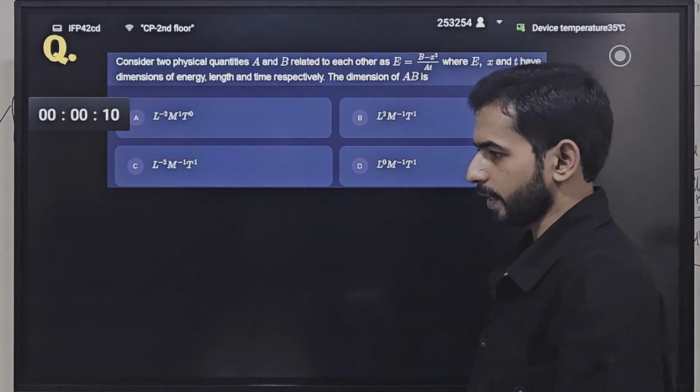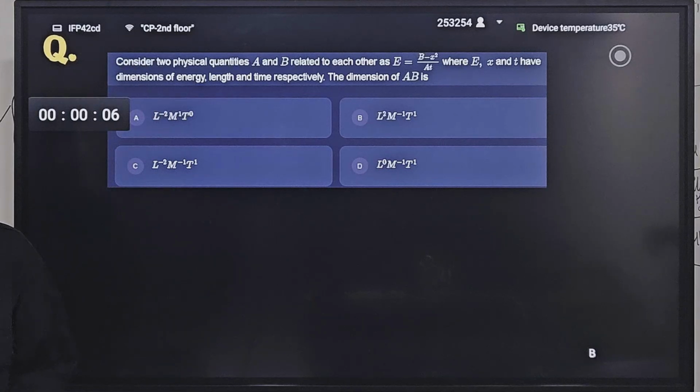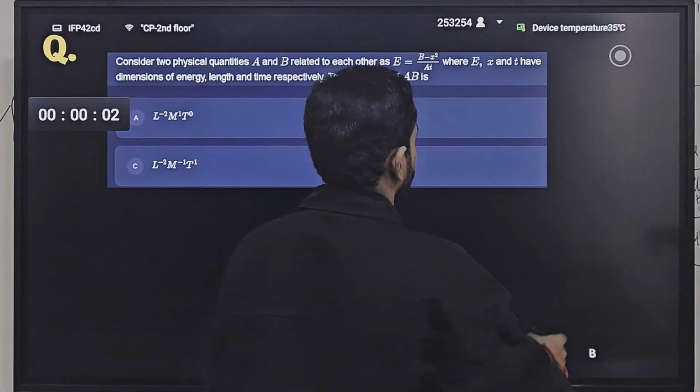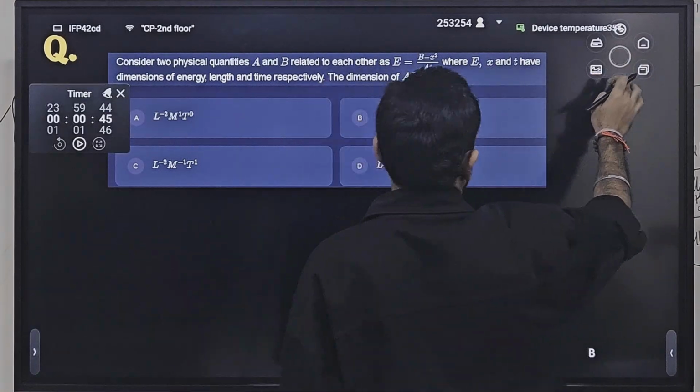This is a good question on the application of dimensional analysis. Let's see how to solve.